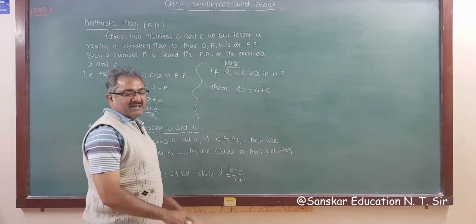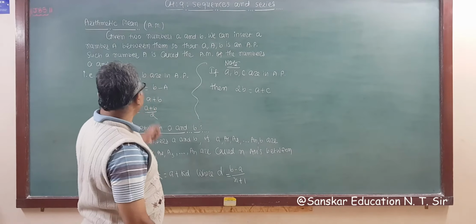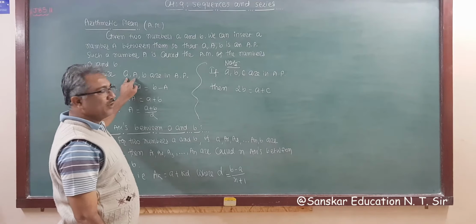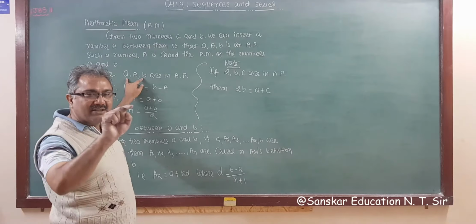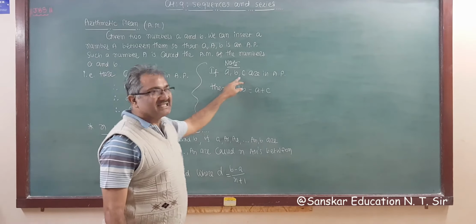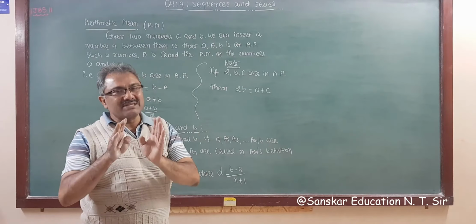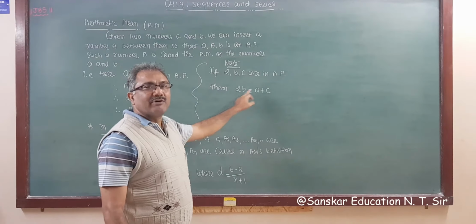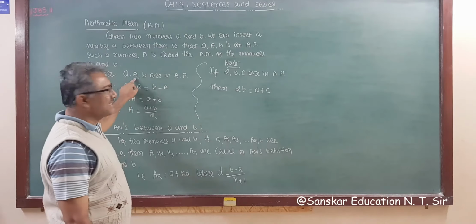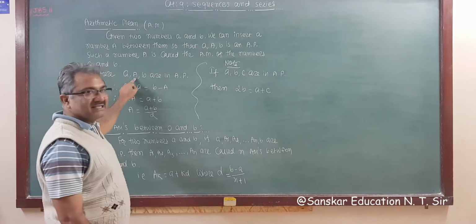So instead of a, capital A and b, I am writing three consecutive terms, that is a, b, c. So if three terms are in AP, then twice the middle term is equal to a plus c. So twice the middle is the sum of the other two.